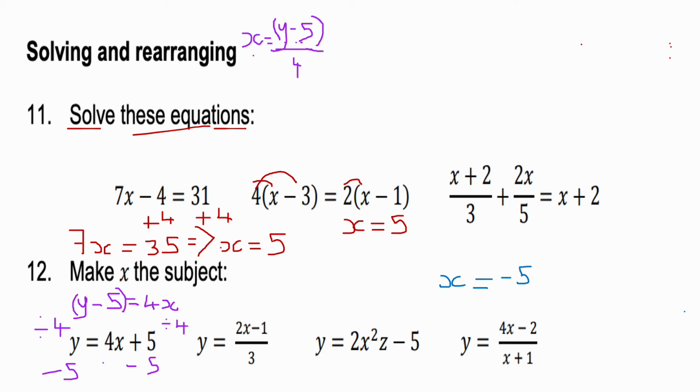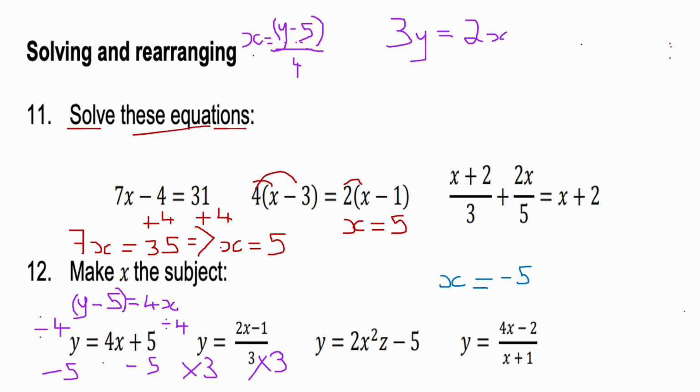Next one, guys. y is equal to 2x minus 1 over 3. Multiply both sides by 3 first to get rid of that fraction. y times 3 is 3y. So 3y is equal to 2x minus 1.